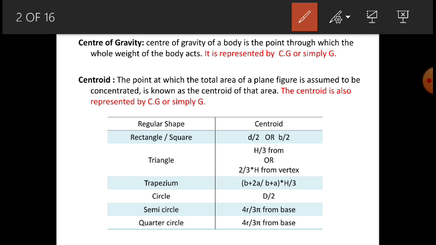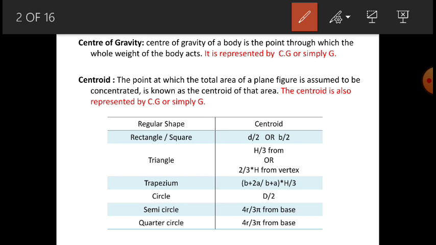Next is the circle, that is the diameter divided by 2, because the diameter of the circle remains constant from any position or any point on the circumference of the circle. So it is d by 2. For a semicircle, it is 4r by 3 pi, where r is the radius, from the base of the semicircle.